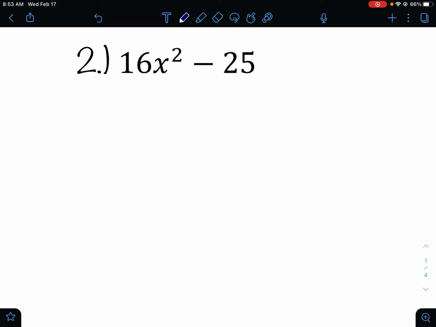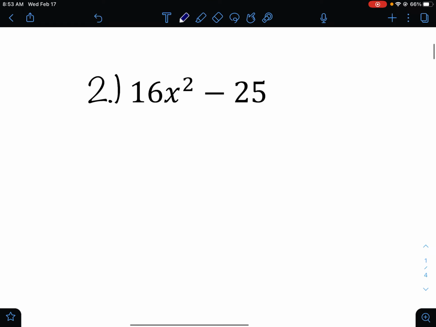You can do it the A times C method. Now, what you should notice here is I have x squared, but I don't have my x. I have my a because the a is with the x squared, but b, which is normally with the x, is gone, and I do have my c, or my constant. So I'm missing b.